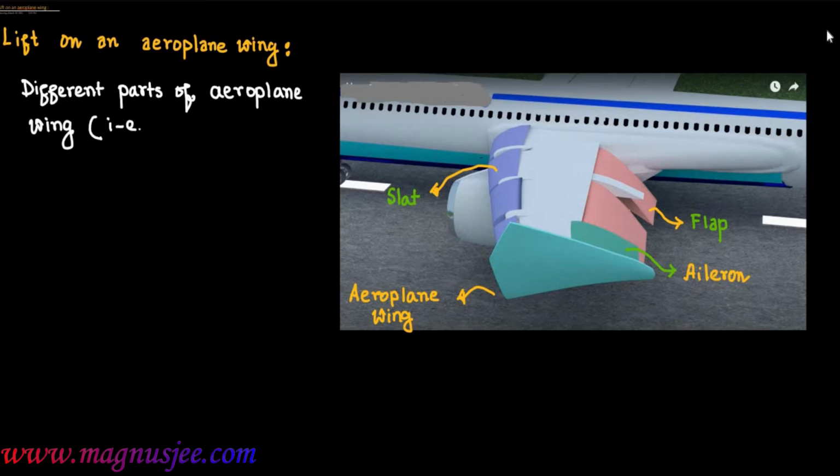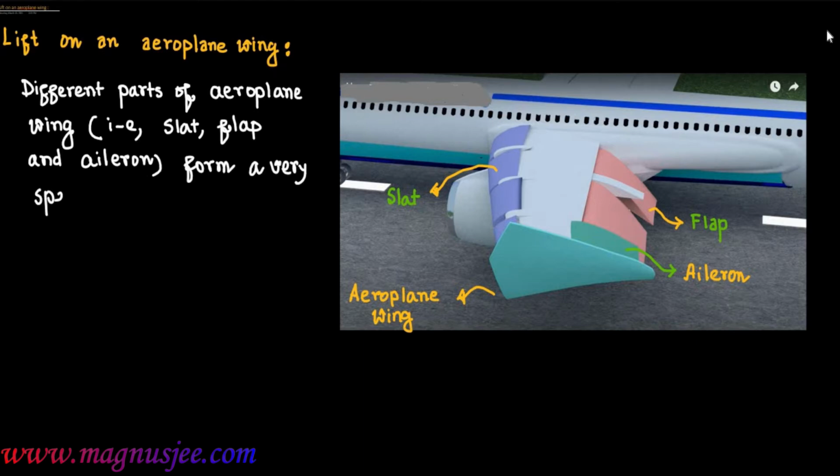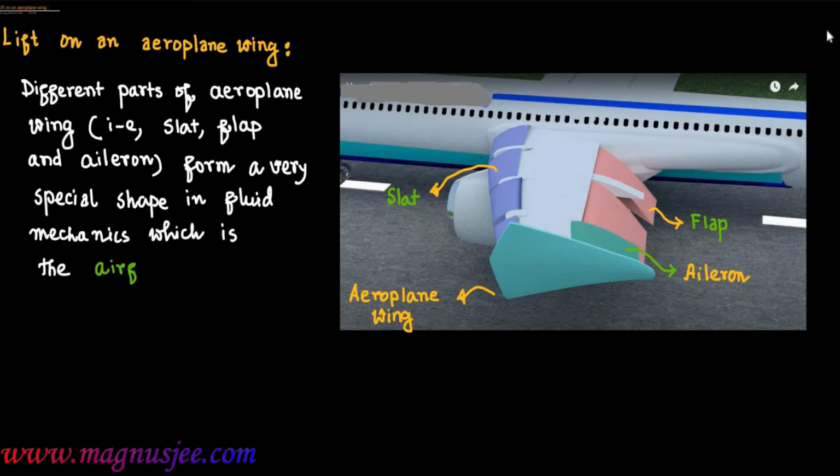Different parts of the aeroplane wing, that is slat, flap, and aileron, form a very special shape in fluid mechanics, which is known as the airfoil shape. This typical or very special shape of the aeroplane wing is known as airfoil shape.